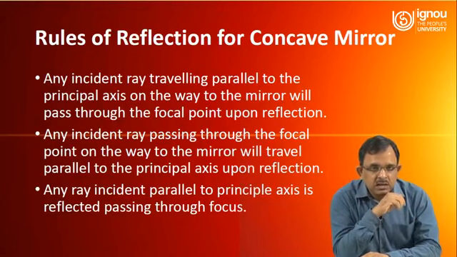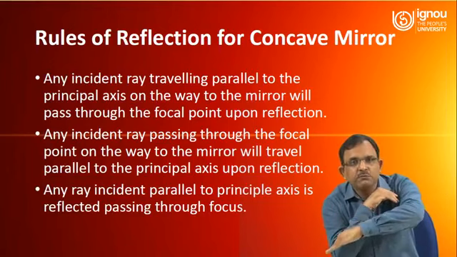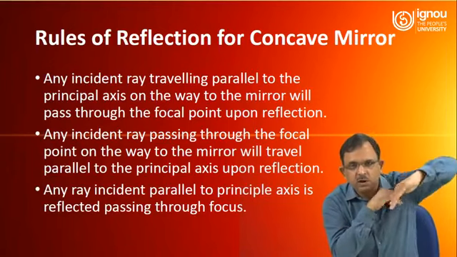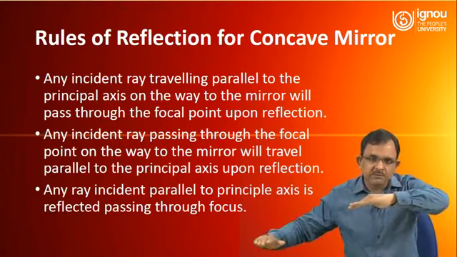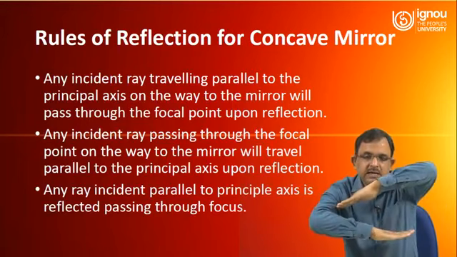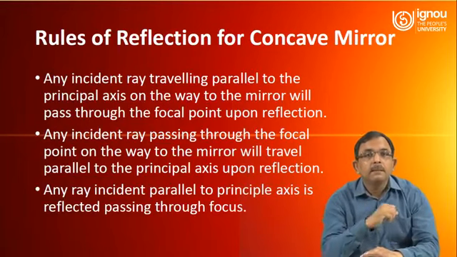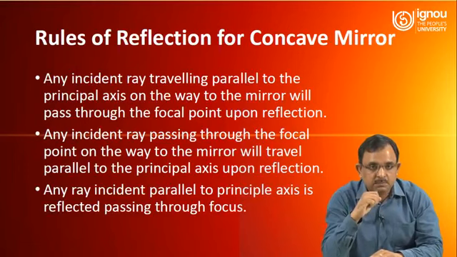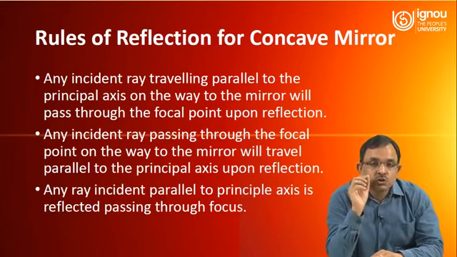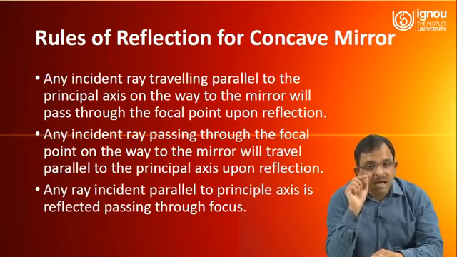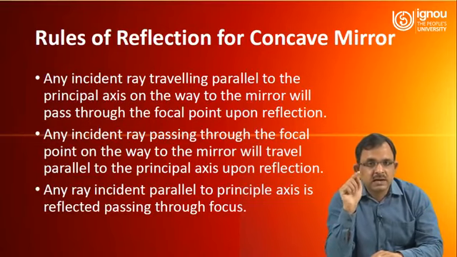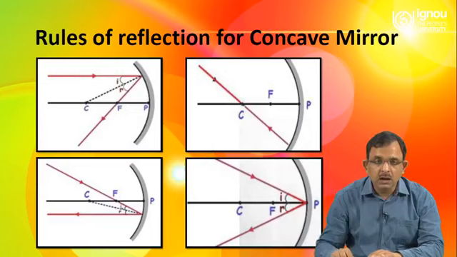Similarly, if an incident ray is passing through the focus, either this way or this way, it will be reflected parallel to the principal axis. These are the 2 rules.